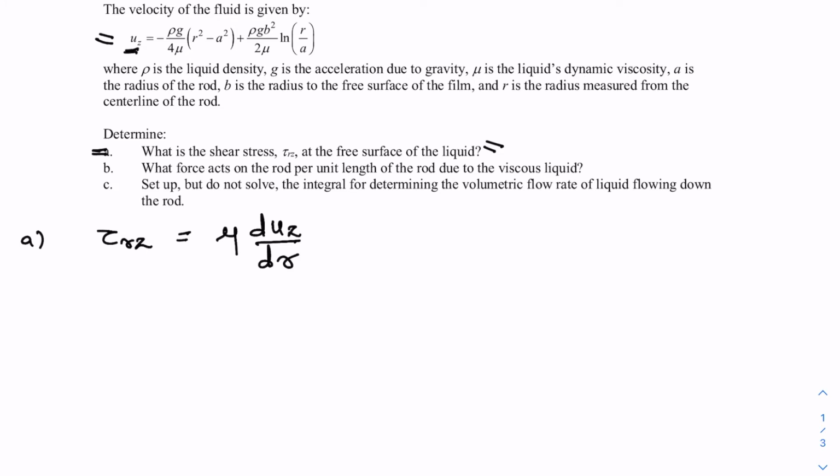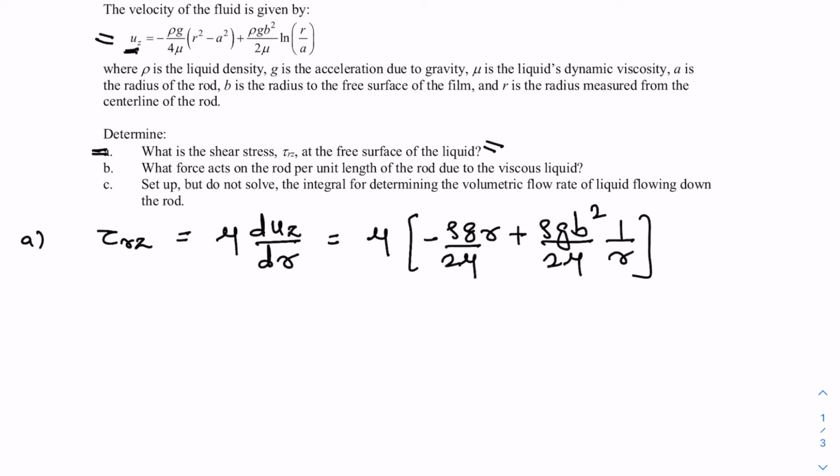If you find the derivative of z velocity, you will get mu times minus rho g by 2 mu r plus rho g b square divided by 2 mu times 1 by r. So this is the shear stress acting on the fluid element.